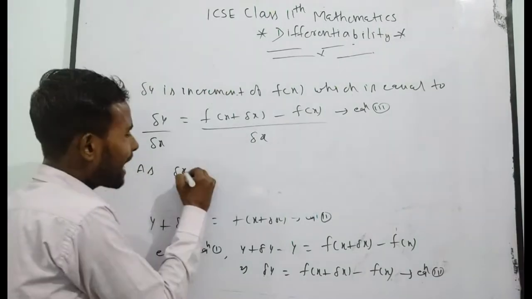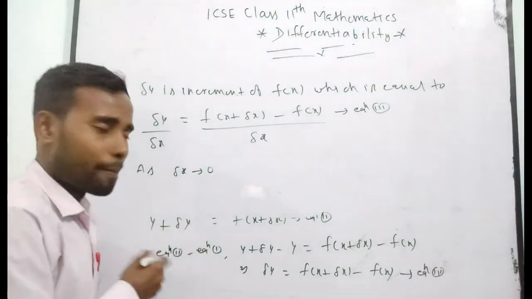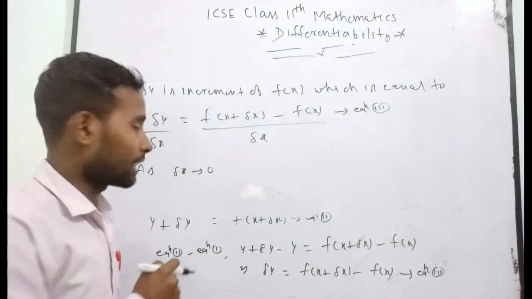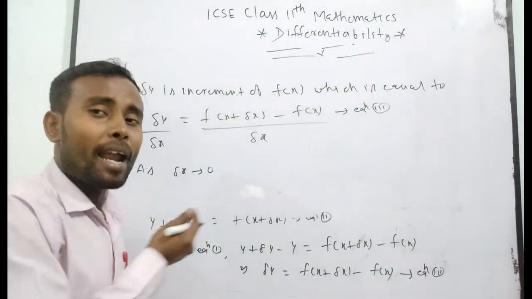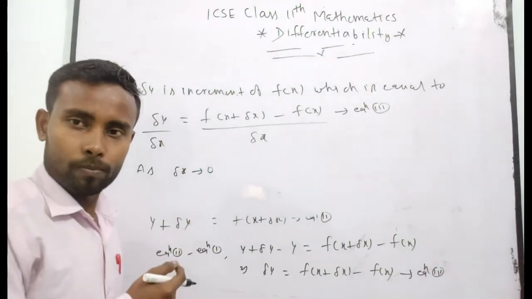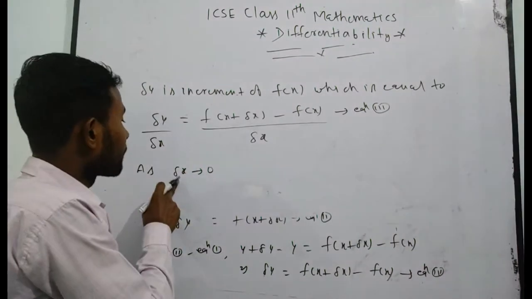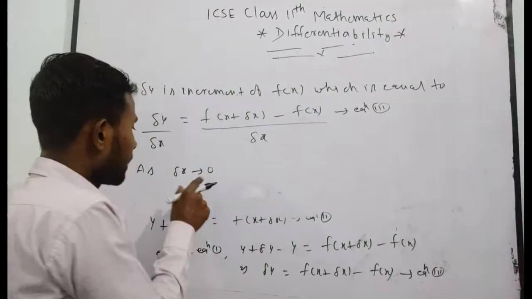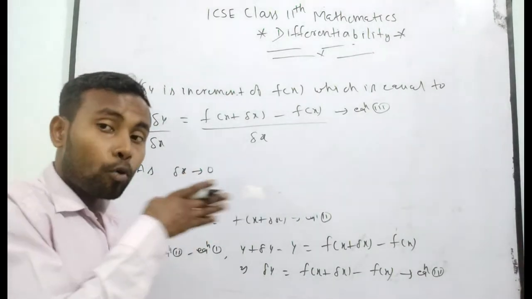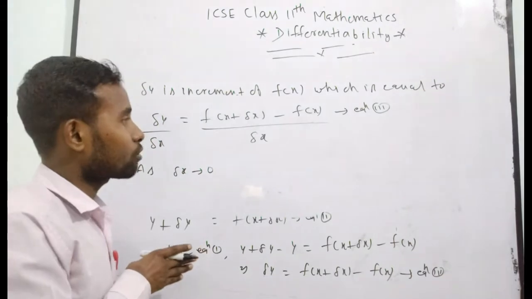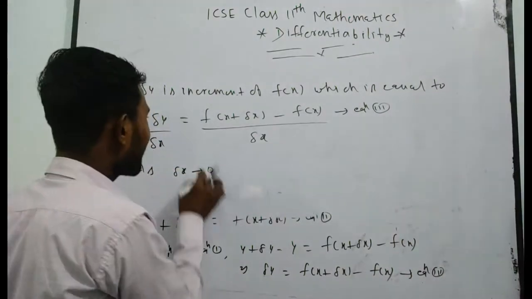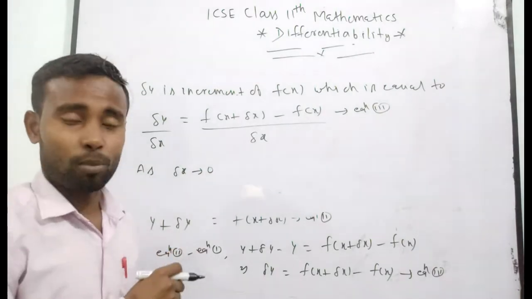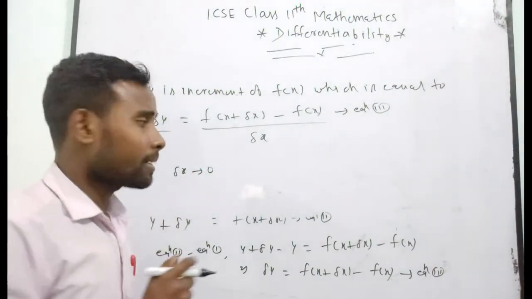As del x tends to 0, in other words when del x approaches 0, definitely if you take here del x equal to 0, it gives an indeterminate form. Definitely, you will use here limits.